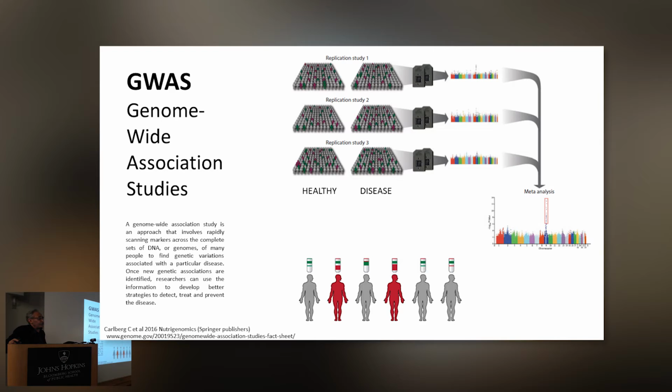That is done by comparing populations that are healthy and ones that are diseased, and then trying to find out via these Manhattan plots those regions of the genome that associate most strongly with the condition. This is usually done in more than one study. Maybe at least 2 replication studies are required before consensus is achieved, although this level of consensus will depend to a large degree on whether the study was done in different countries or within the same country or population.